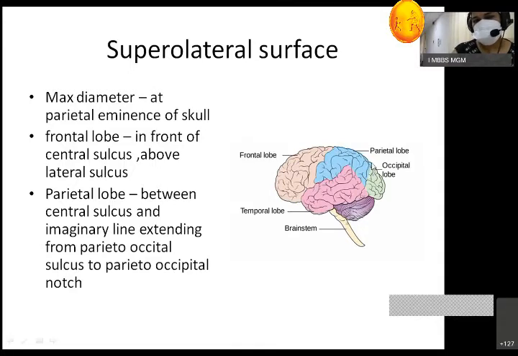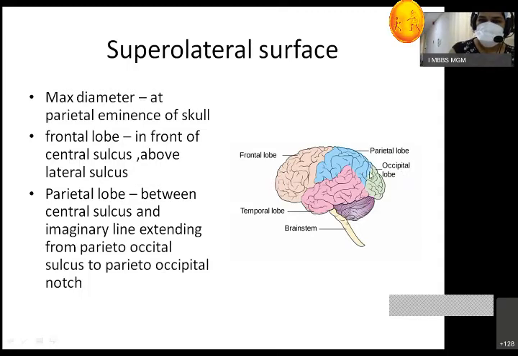This is very small, so we draw an imaginary line from here to the pre-occipital notch. Just in front of the occipital pole, there is a small depression called a notch. As it is related to the occipital pole, it is called the pre-occipital notch.